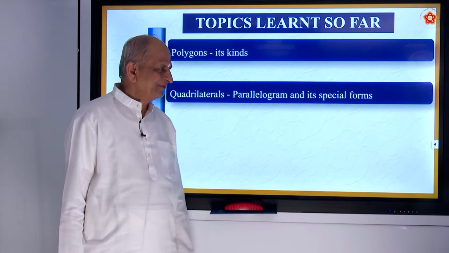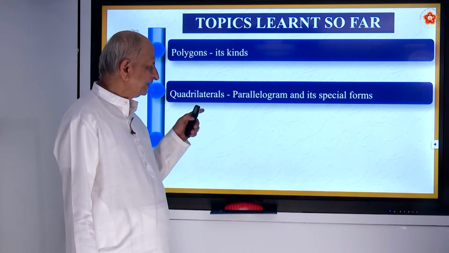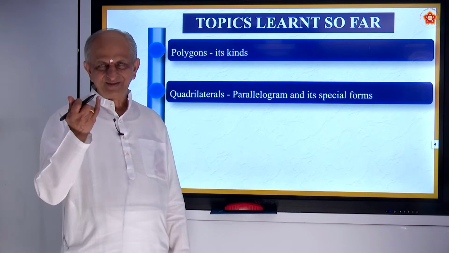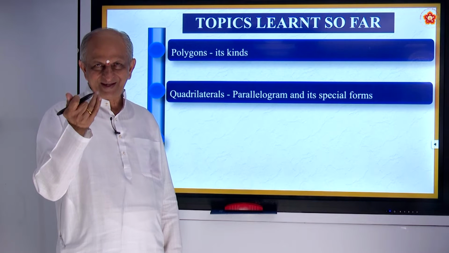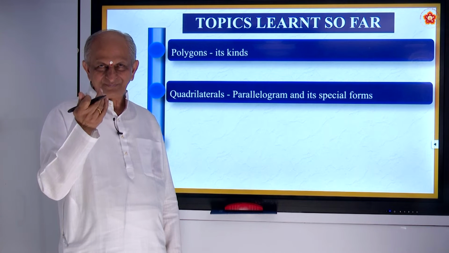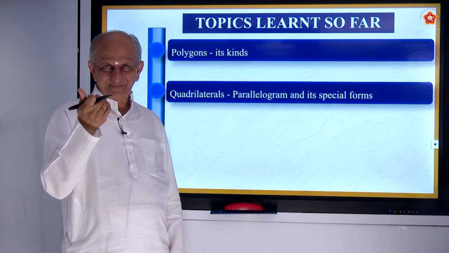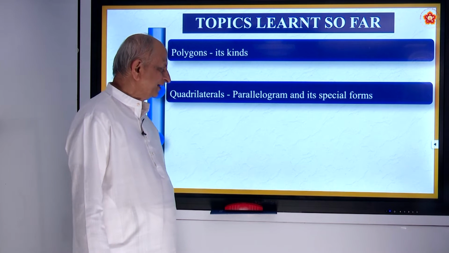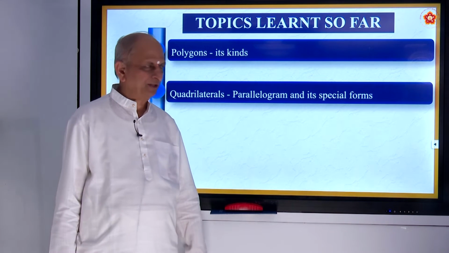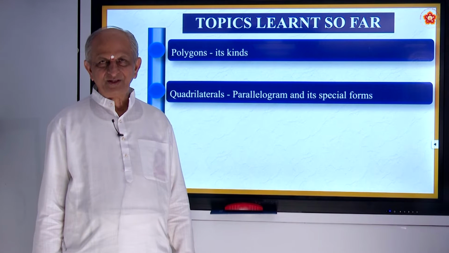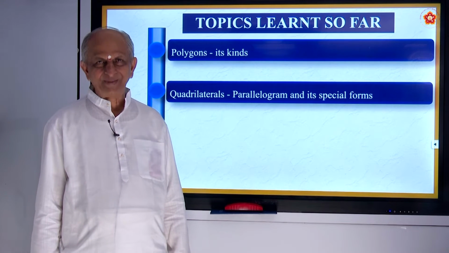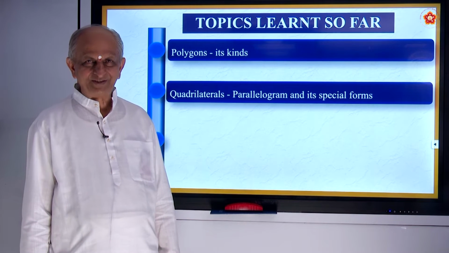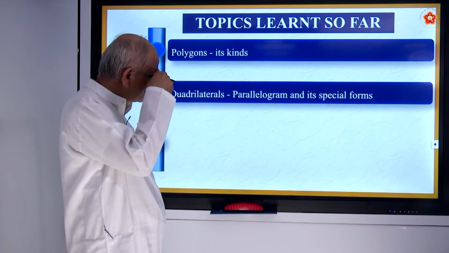And also we have seen that there are different kinds of quadrilaterals, namely square, rectangle, parallelogram, rhombus, trapezium and kite. In that parallelogram, we have seen rhombus, rectangle. All these are different kinds of parallelograms, correct?